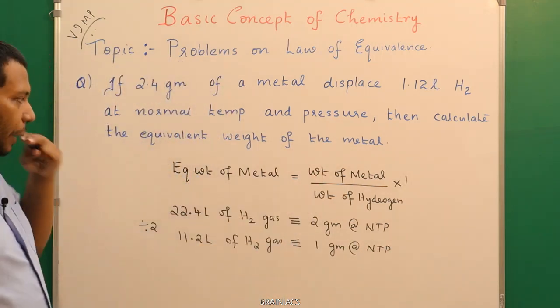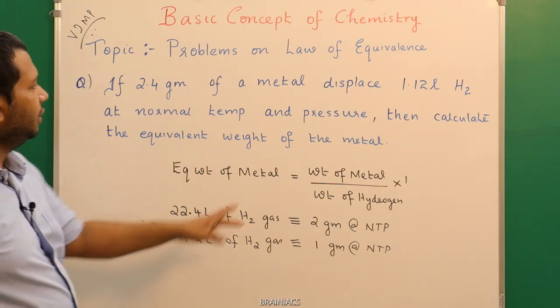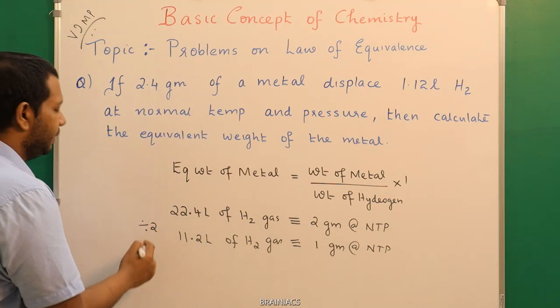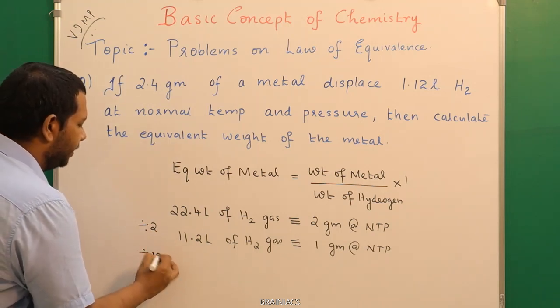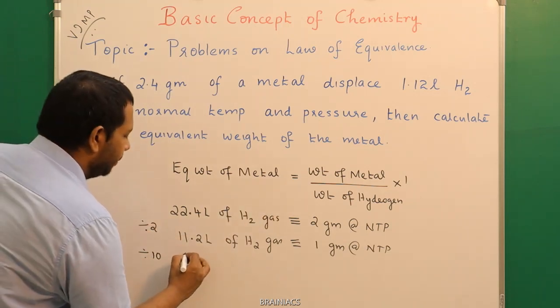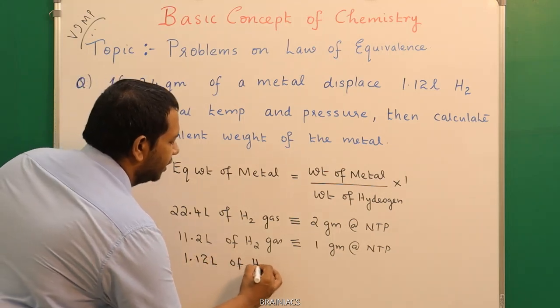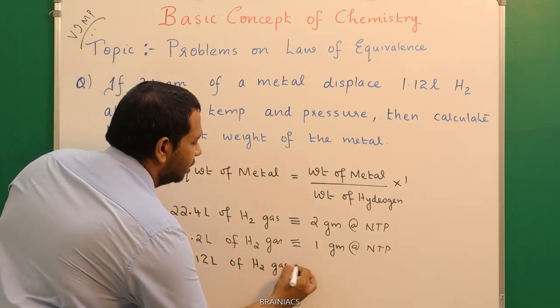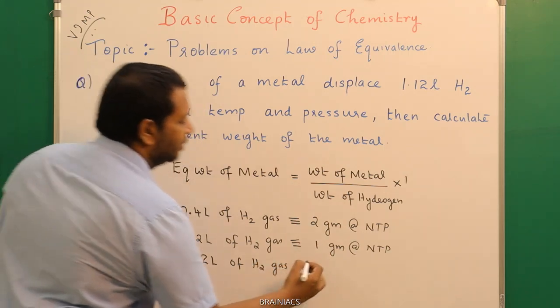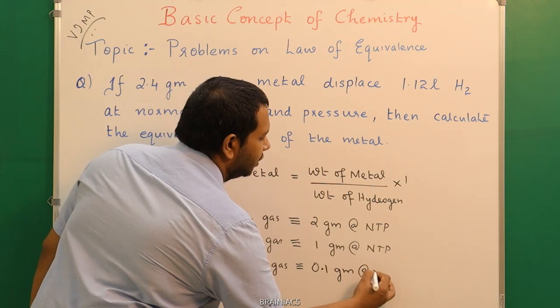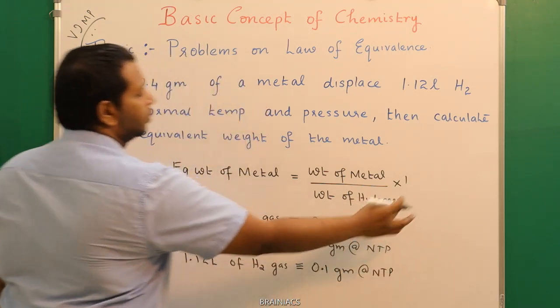Now it is very easy. 11.2 can be easily converted to 1.12. What you need to do is divide by 10. So divide by 10 on both sides, it will become 1.12 liter of hydrogen gas will have a mass, divide by 10, of 0.1 gram at NTP. Now I got the mass of hydrogen.